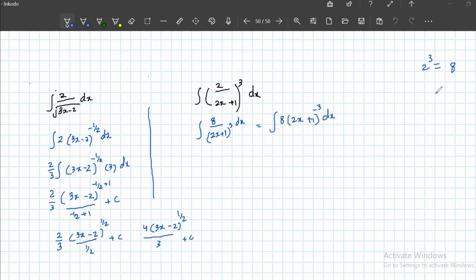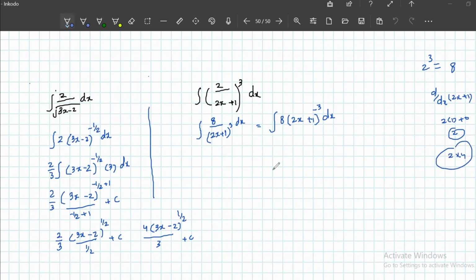Remember that the derivative of 2x plus 1 is 2. Okay, so we need to bring 2 so that we can apply the integration concept, and we already have 8, so it means we can bring 2 easily here, because 8 is equal to 2 multiplied by 4.